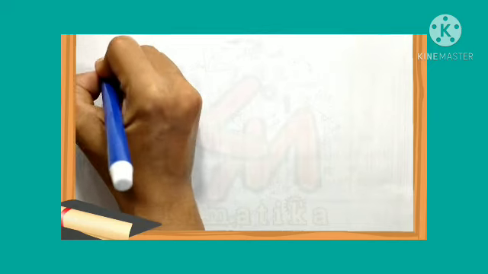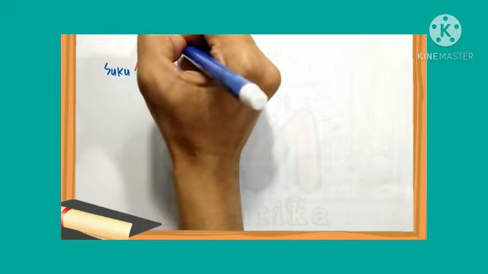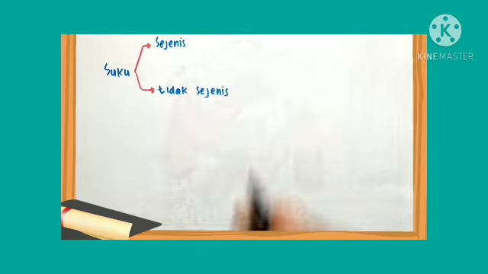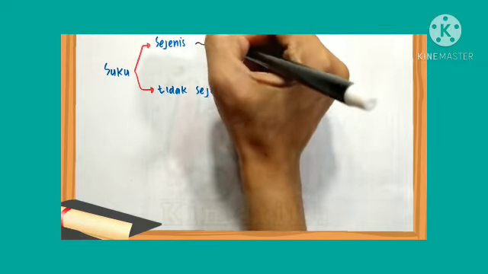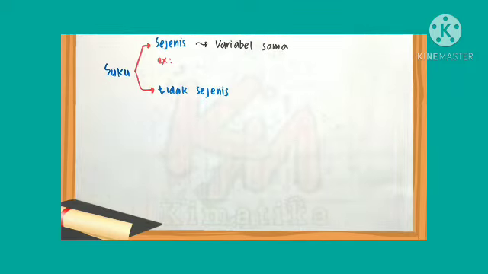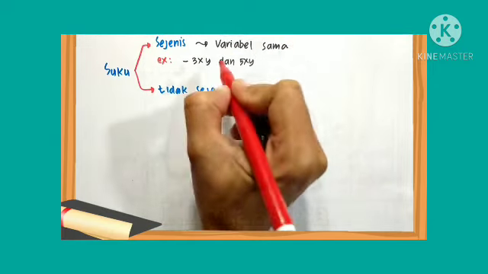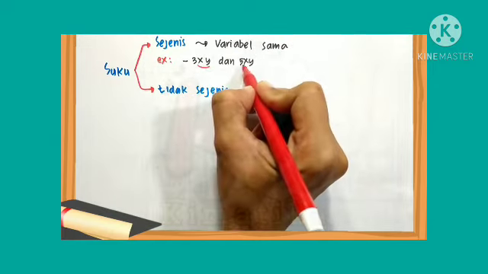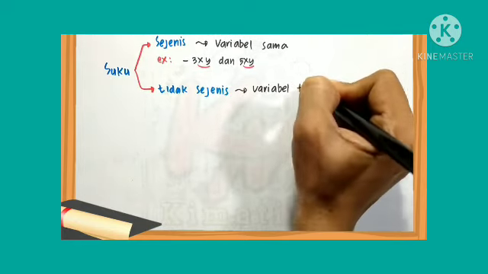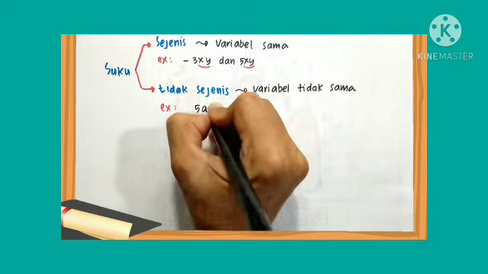The terms in algebra are divided into 2: first, like terms, and second, unlike terms. Suku sejenis dan tidak sejenis. Like terms are characterized by the same variables and the same exponents.